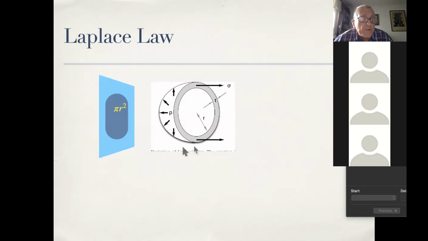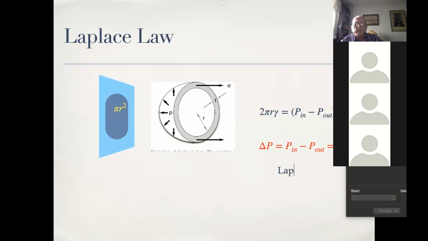And I have a pressure on that surface, so I can easily calculate the following relation: the difference of the pressure from outside and inside of the sphere times the area of the cut must be equal to the effect of the force acting on the rim of that cut, and the rim of that cut is 2 pi r times the surface tension.